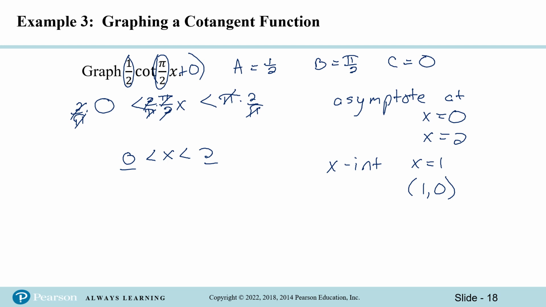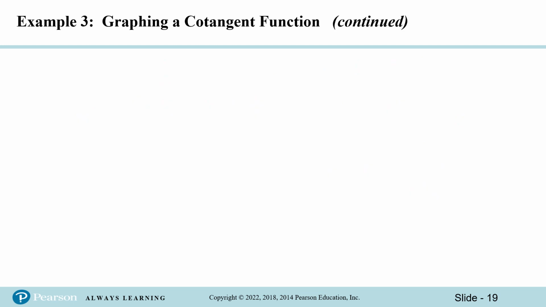What else do we need? Okay, we need a quarter of the way in between. Okay, so we've got 0 and 2, halfway between is 1. So my quarter of the way is 1/2 and 3/2.